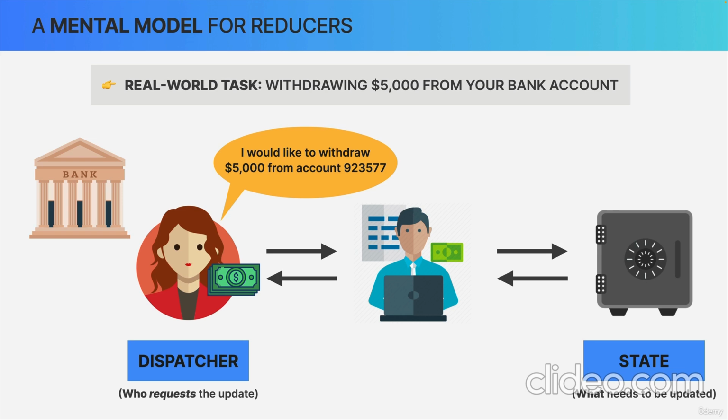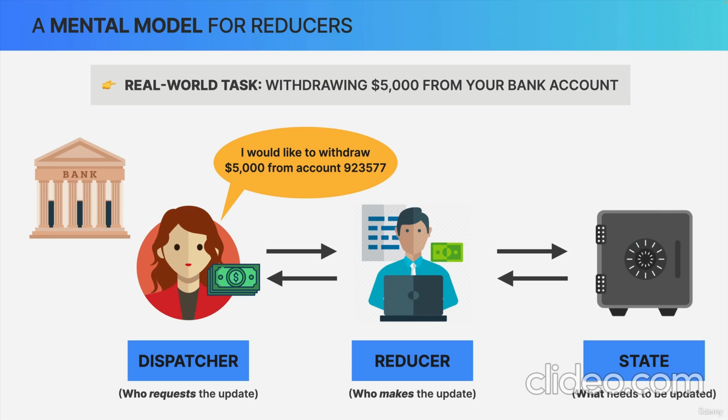So, what is the reducer here and what is the action? Well, the reducer is going to be the person working at the bank, because that's the one who actually makes the update. In this case, it's the one who goes to the vault to get your money. But how does the person know how much money to take and from what account?